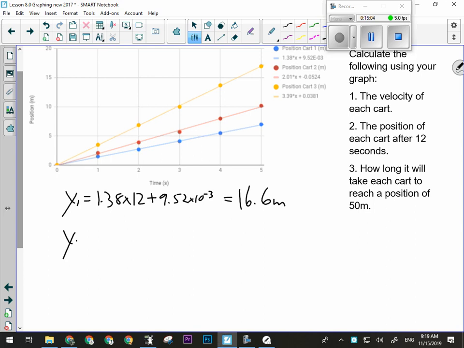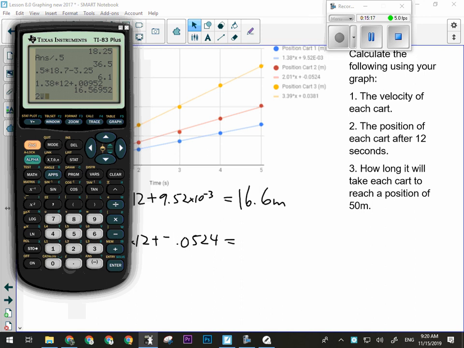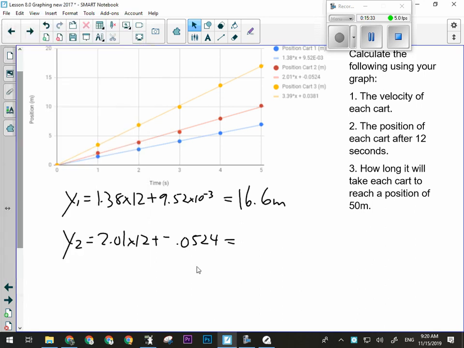After 12 seconds for cart 2, 2.01 times 12 plus negative 0.0524. So our position there is going to be 24.1 meters. And these should both be positive because it's asking for position, which is actually a vector quantity.